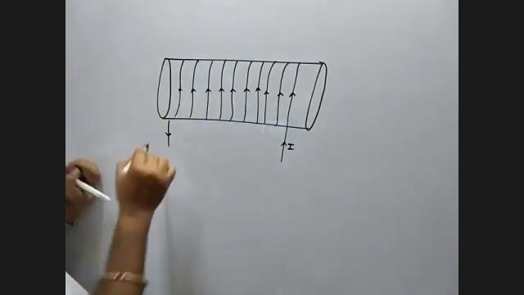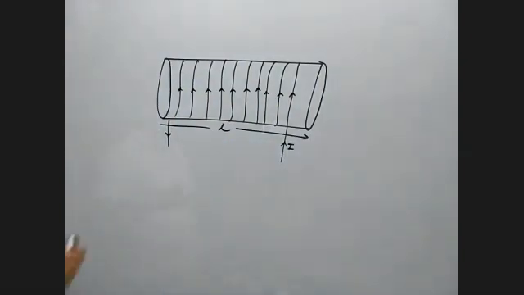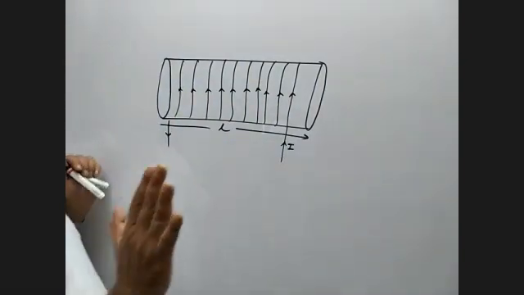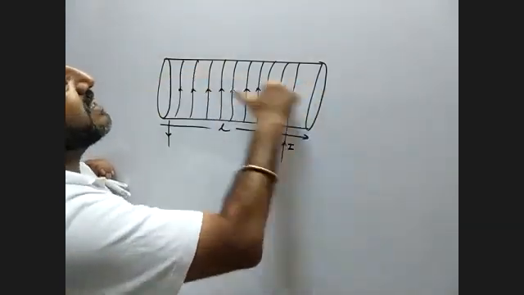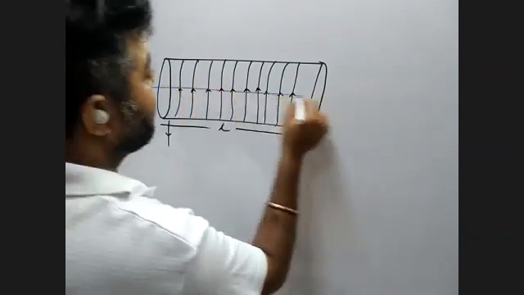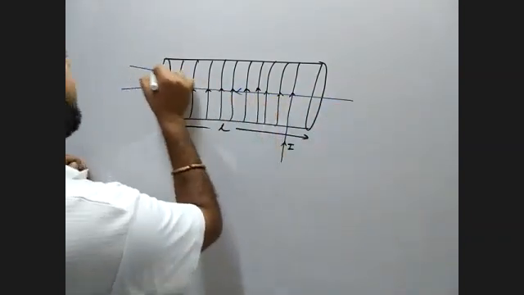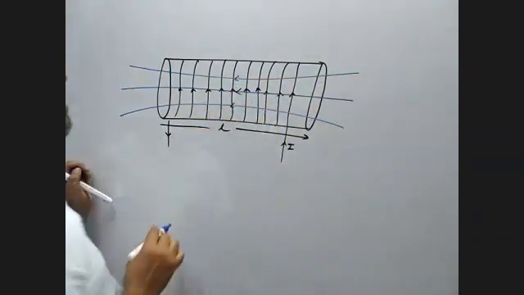This is the length of the solenoid. If this is my direction of current, my thumb represents the direction of magnetic field. So my magnetic field inside the solenoid looks like this. You know this from class 10 also.